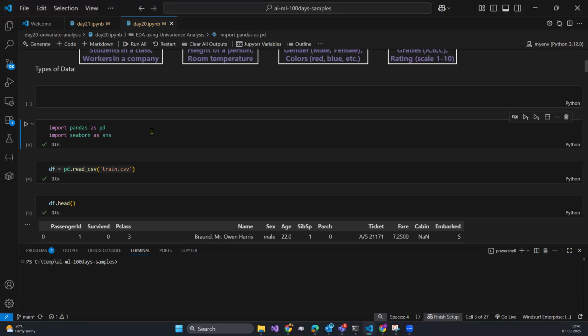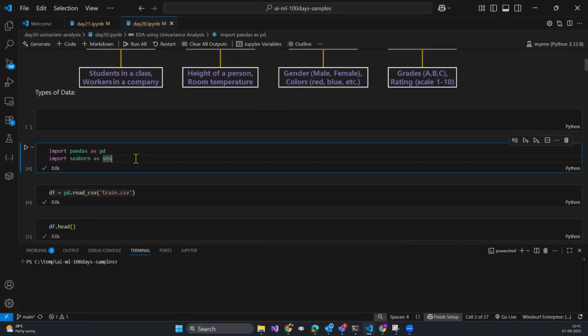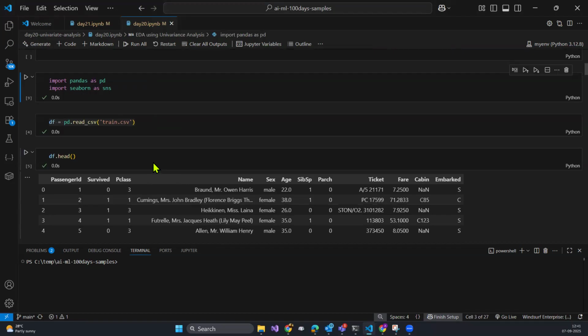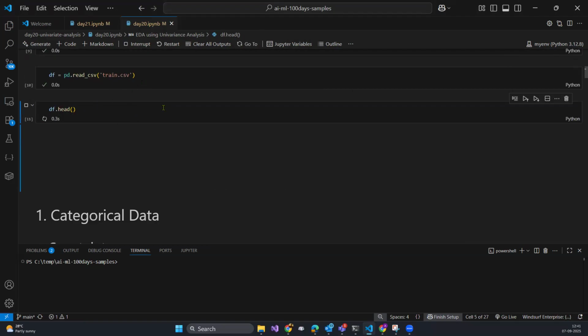When we perform any exploratory analysis on a particular column, we call it univariate analysis. In this part we'll perform univariate analysis and learn how to perform it on a particular column. To start, I'm importing the pandas and Seaborn libraries, and I'm loading my train dataset.